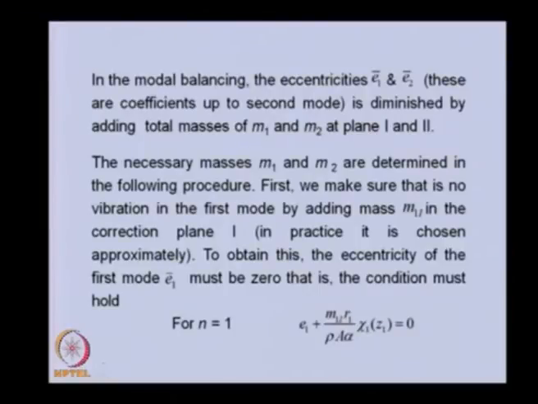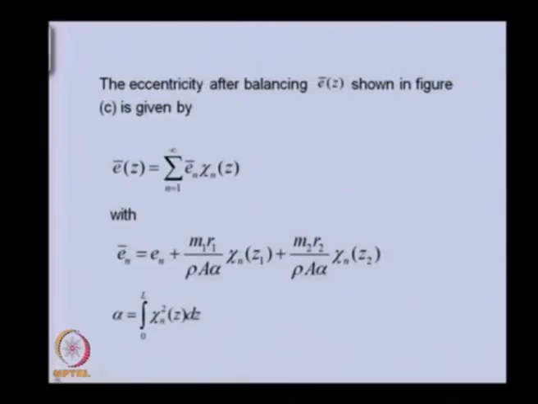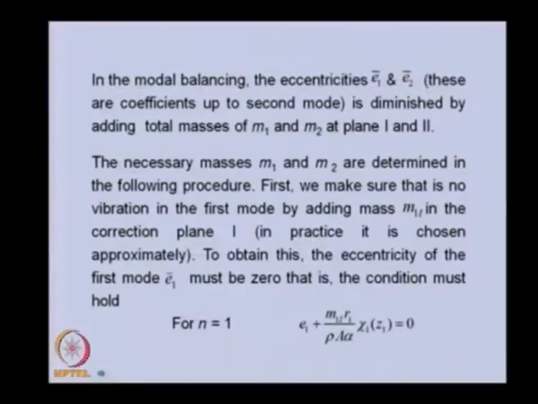Now in modal balancing, the eccentricities E1 and E2 are coefficients up to the second mode. So here basically we need to balance this up to n equal to 1 and 2. Correspondingly, we need these eccentricities E1 bar and E2 bar to vanish up to the second mode.